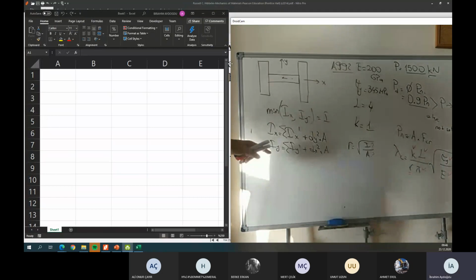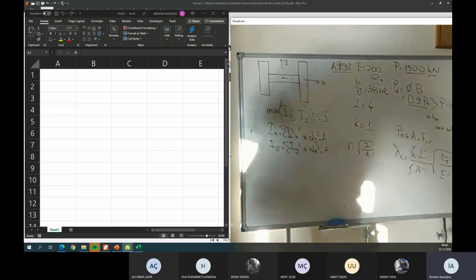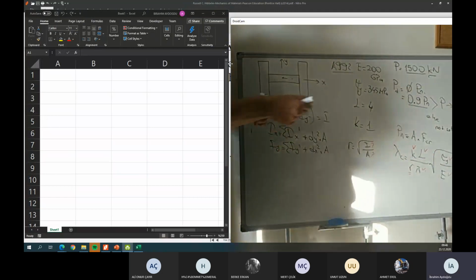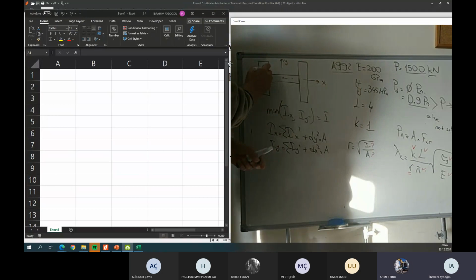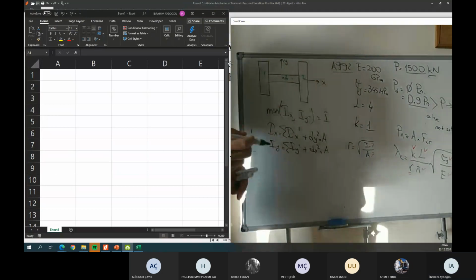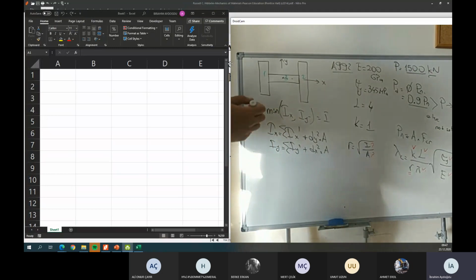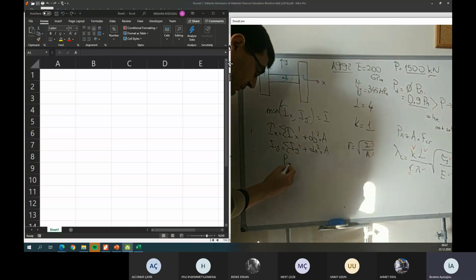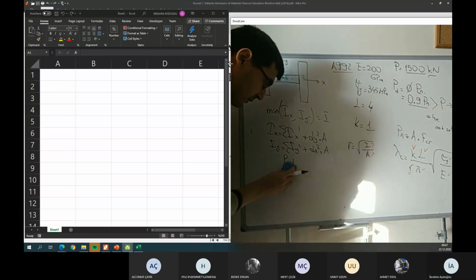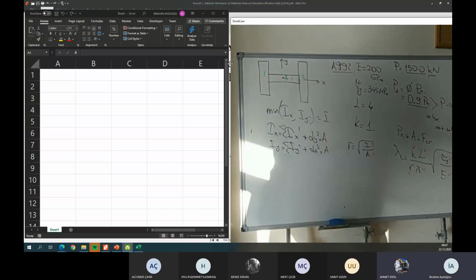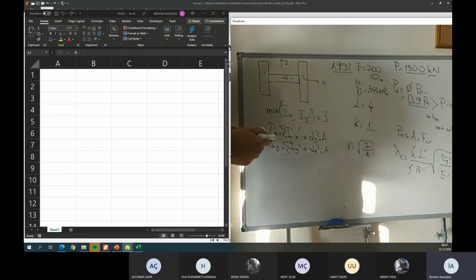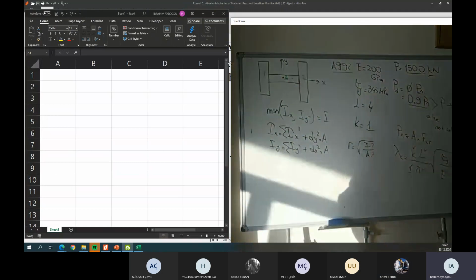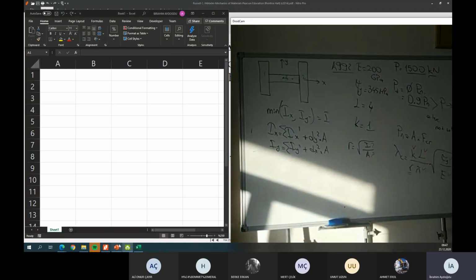Okay. Just I can write this. We have 3 parts. Like this one is the first part, second part, and third part. First of all, I want to start with the first part, part 1. I want to look at the dimensions.